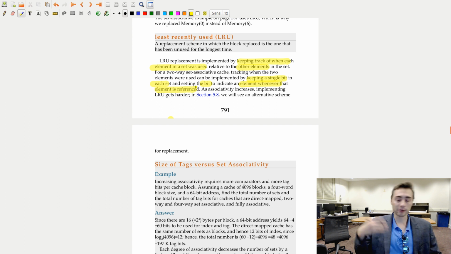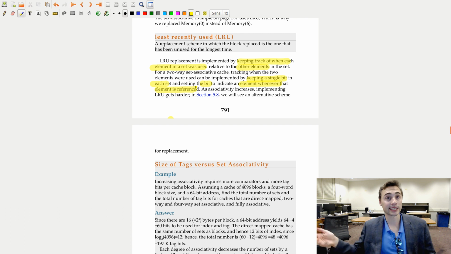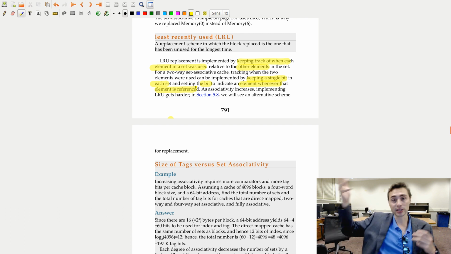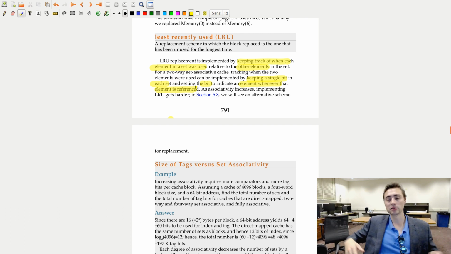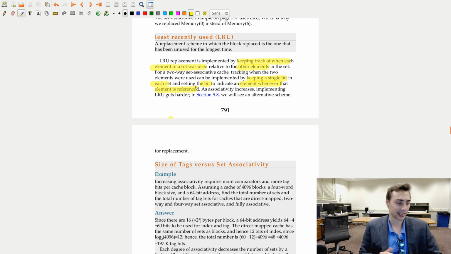So if it's referenced, you basically just count up and down, and that way you can see, okay, I'm most recent. And if the other guy gets accessed, he goes high and the other guy goes low, and now he goes, okay, now I'm the guy that's most recently used. And so the unlucky guy that has a 0 at the end of the day gets the hot potato, he gets kicked out, he has to make the long journey home to main memory.